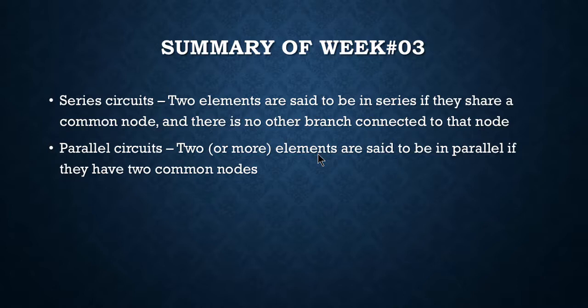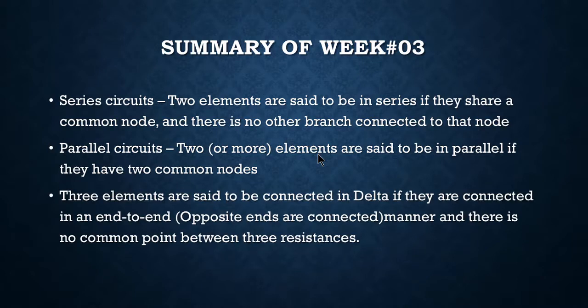And finally we discussed two special types of connections, which were star connection and delta connection, in which we discussed that three elements or three branches are connected in delta if they are connected in an end-to-end manner, that is, the opposite ends are connected in such a way that there is no common point between the three branches.